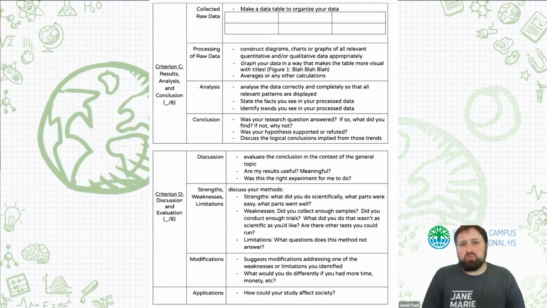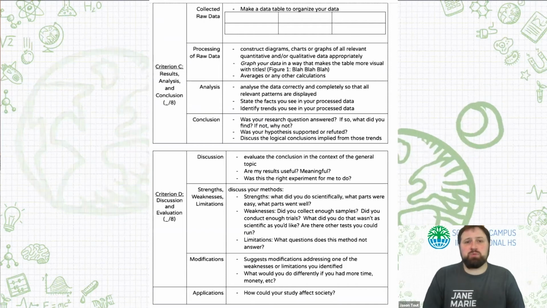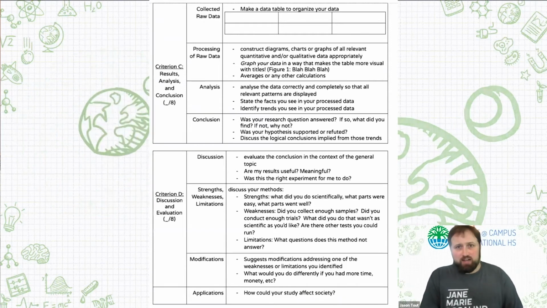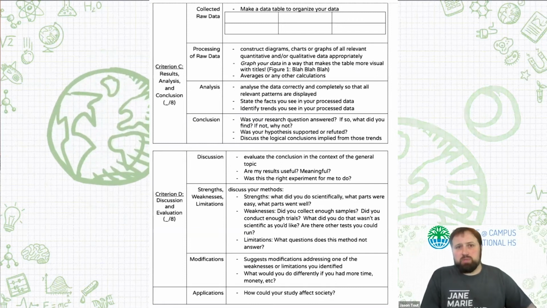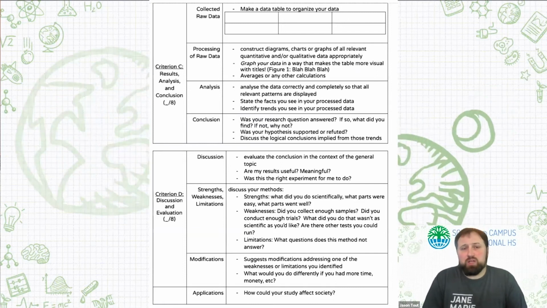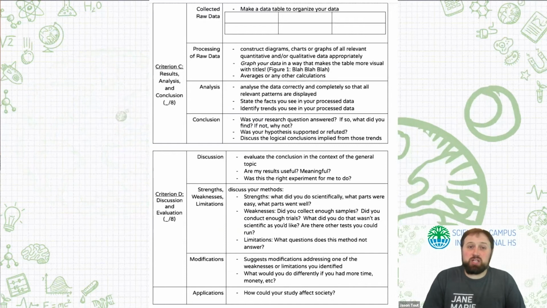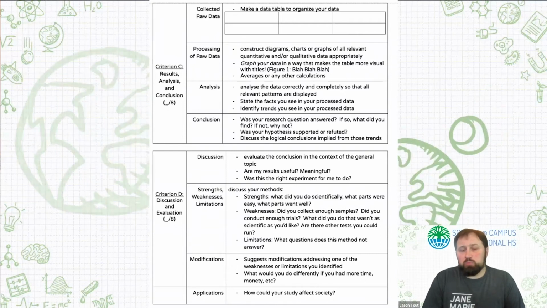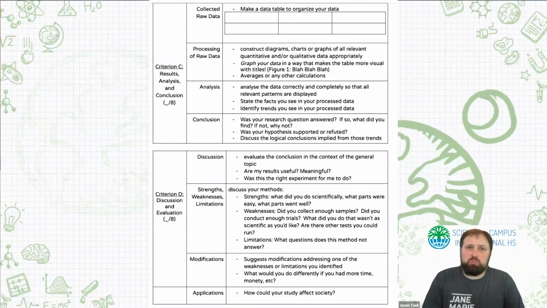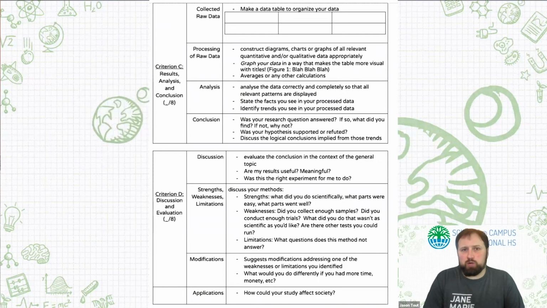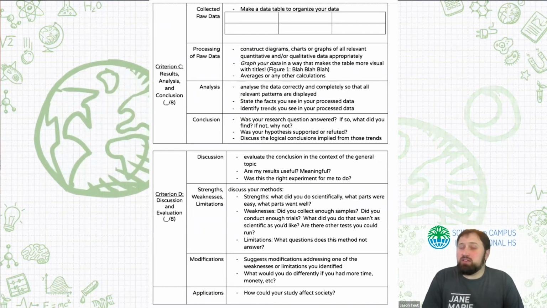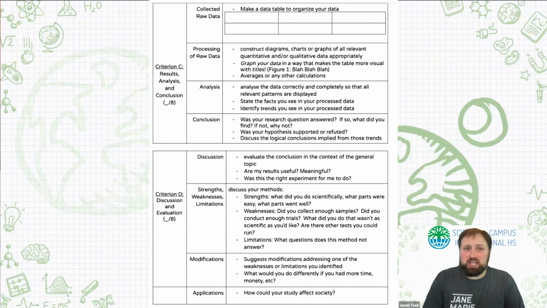Once you have some more visually accessible information or some processed information such as averages, you can analyze that data, which literally means to state what you found. Again, each one of these subsections is anywhere from a sentence to a paragraph, but if there's multiple bullet points, you might want to think about there being one sentence or one part per bullet point. State what you found, identify trends or things that you see in the processed data.